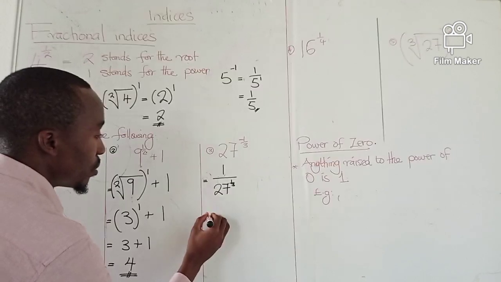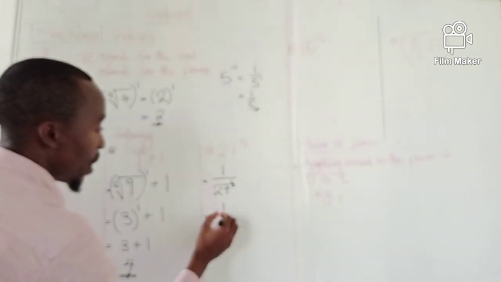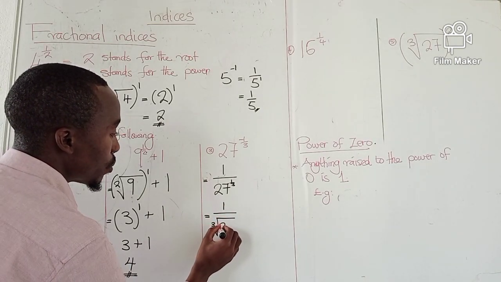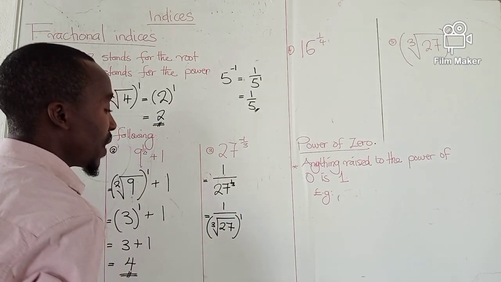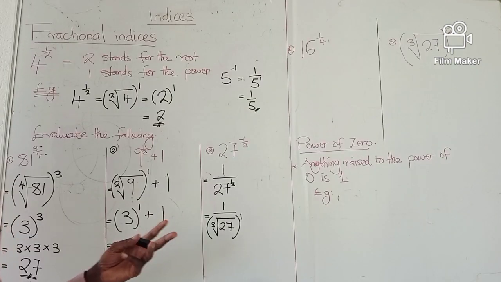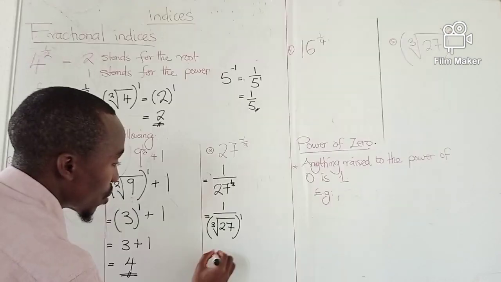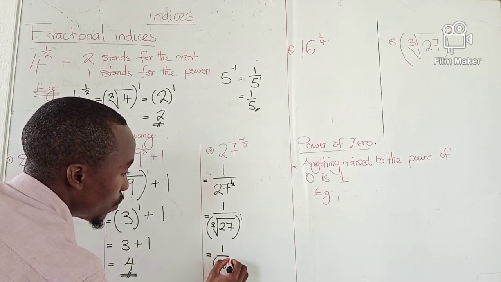So this will be equal to, here they are telling us the cube root of 27. So we're going to say 1 over, what is the cube root of 27? What number can you multiply by itself 3 times to give us 27? That number is 3. So we're going to say 1 over 3 to the power of 1.